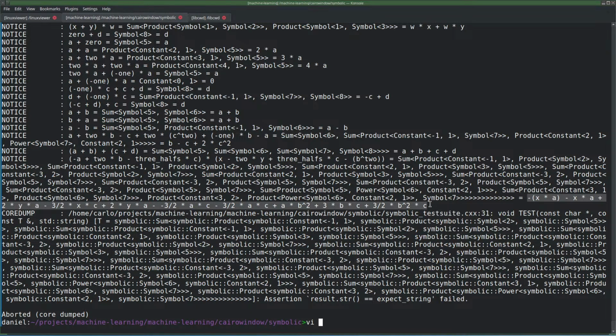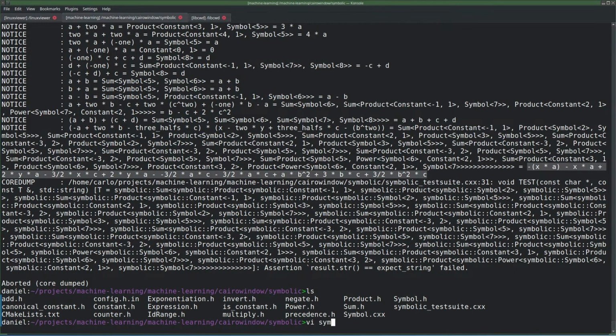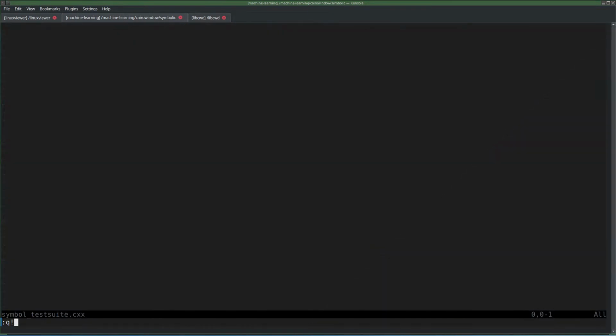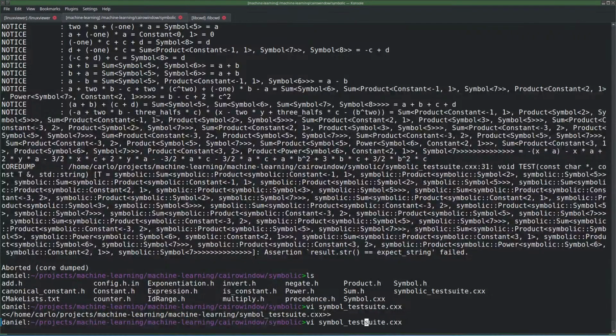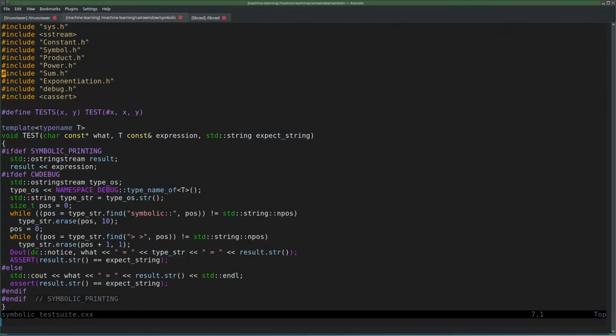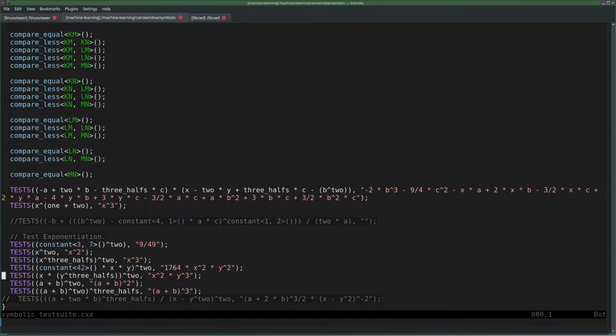I copied it. Let's have a look at what it should have been. VI symbolic testsuite at CXX or not. Symbolic. That's the only one that is. Yeah, it's the minus 2 probably. Let's just admit that it is the minus 2.